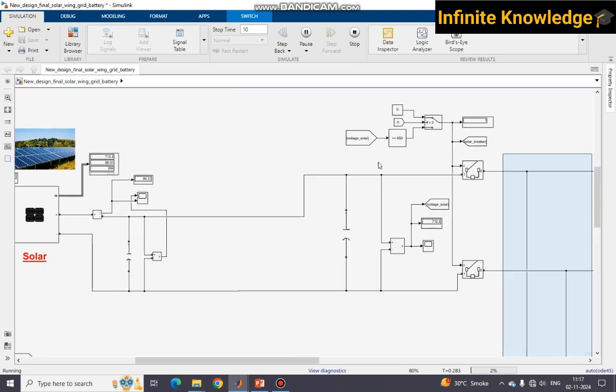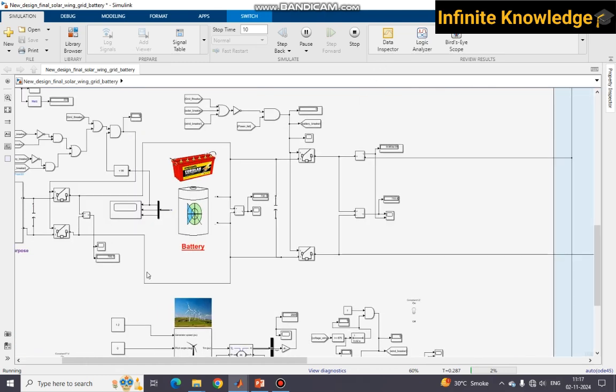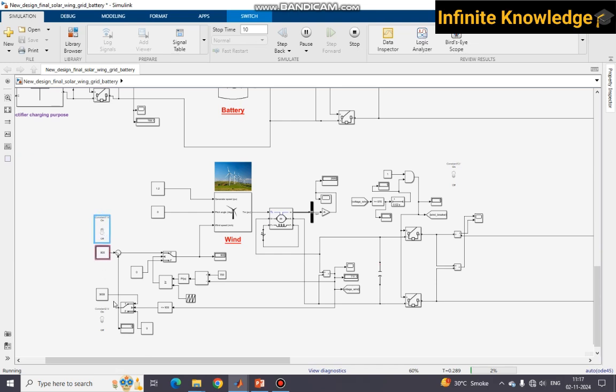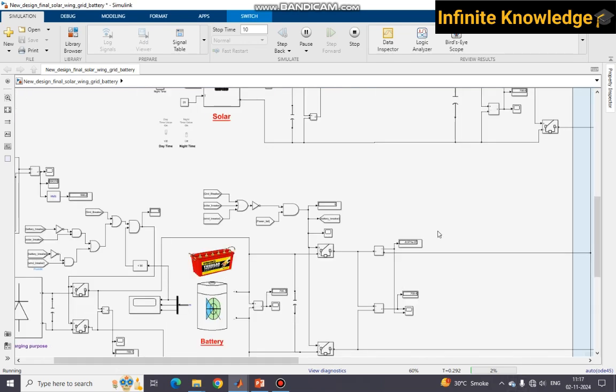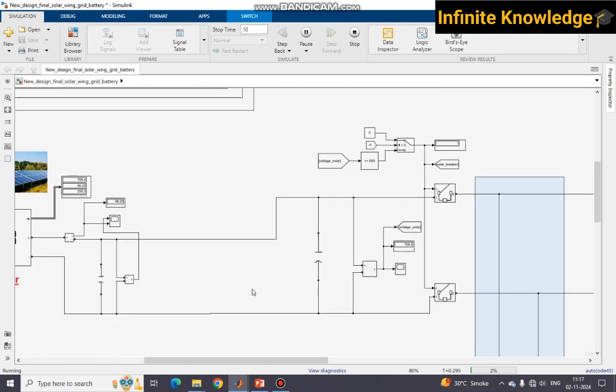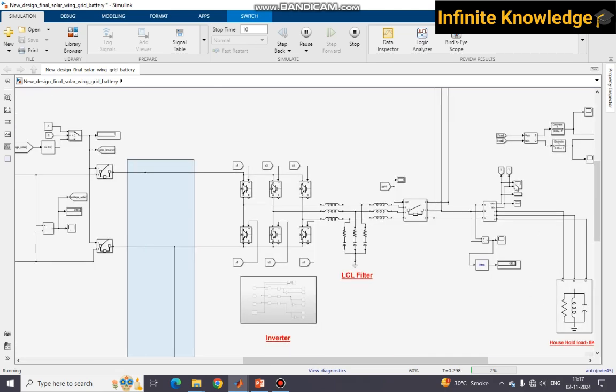Okay, at this moment the solar is okay. So right now I just switch off all the switches to isolate the wind turbine. So the wind turbine is isolated and the grid single-handedly tackles all the load and even charging of the battery.